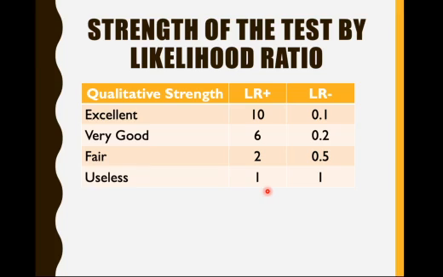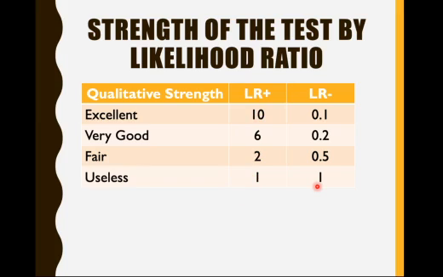Unlike the predictive value, which is not a ratio, it's a proportion. Kasi a ratio, when we talk of ratio, the numerator and the denominator are different. When we talk of probability, the numerator is part of the denominator. But in a ratio, the numerator and the denominator are different. So that a likelihood ratio positive is true positive divided by false positive.